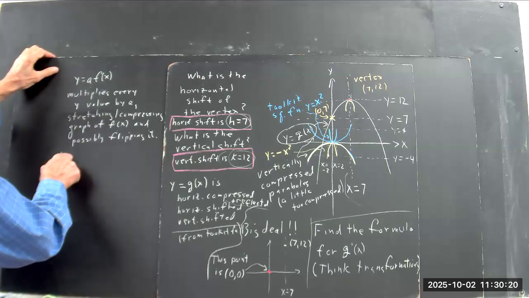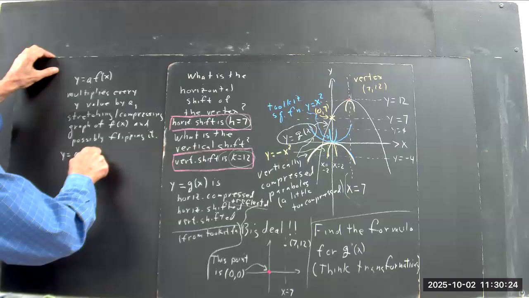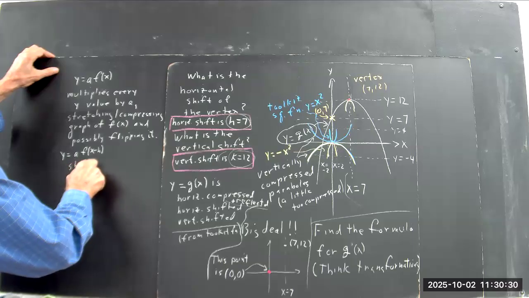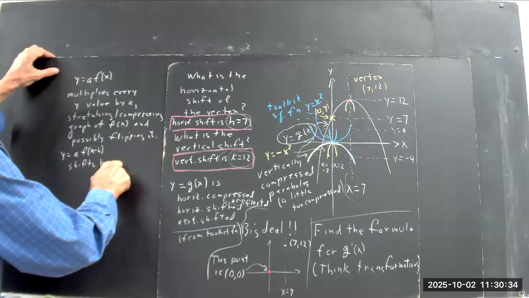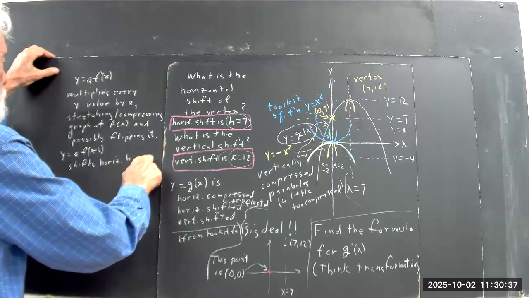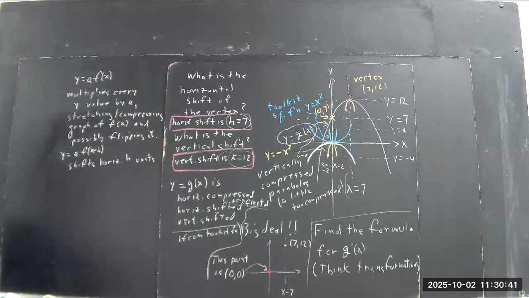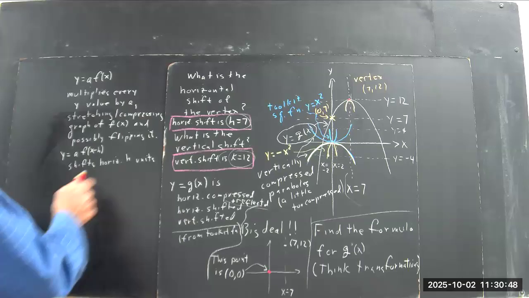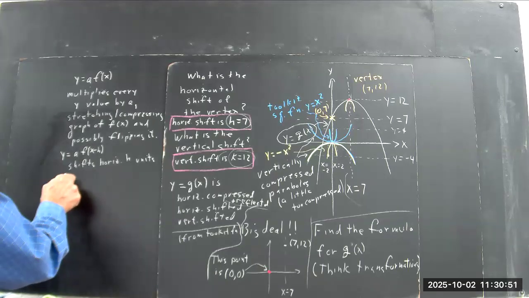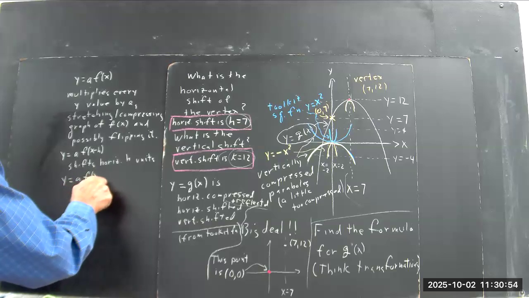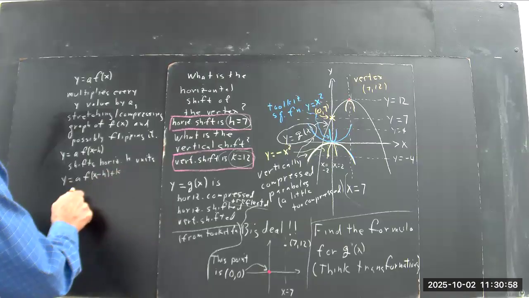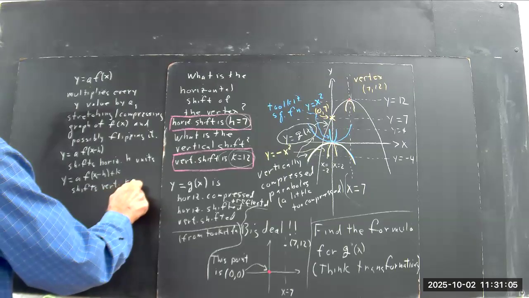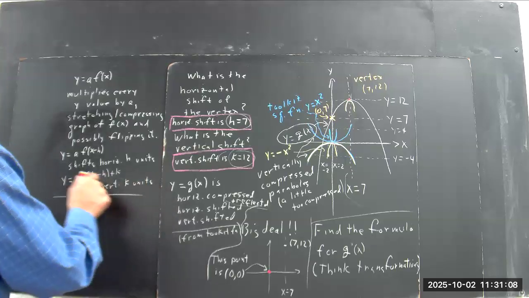Okay, well then, it shifts the af of x graph horizontally h units, and it shifts vertically k units.